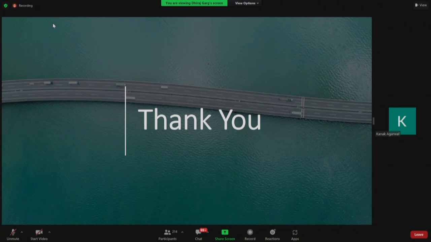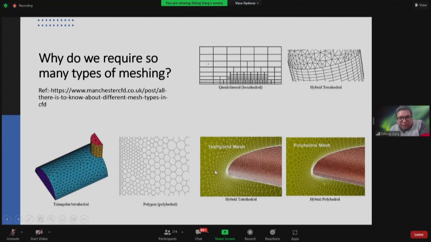Sir, for an airfoil case, which type of mesh would you recommend? Well, I'm not an expert with the airfoil type, but anyway, the thing is, as I said, it depends on what the level is, what things you are looking for, what level of flow you need to see. It may be different at different locations where you expect more variation.